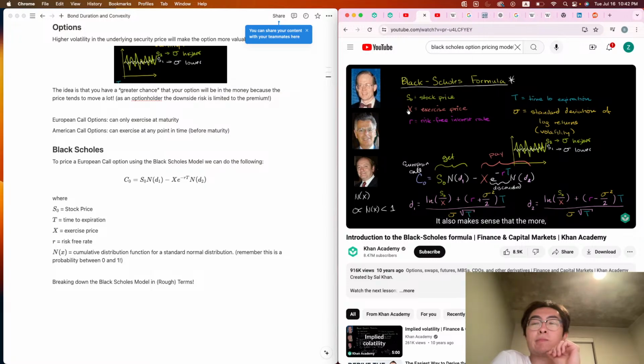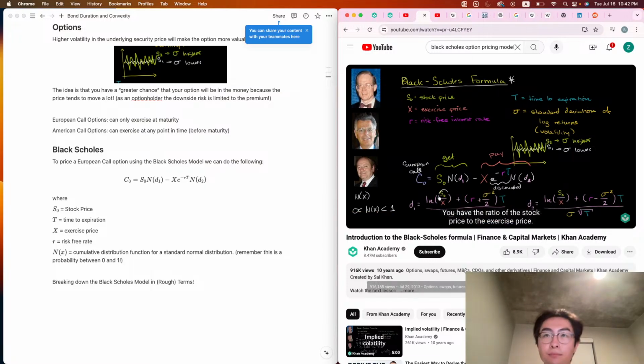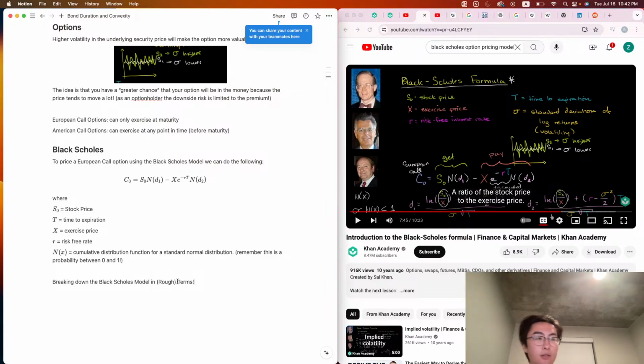It also makes sense that the higher the stock price relative to the exercise price, the more the option would be worth, and the more likely that we will actually exercise the option. You see that in both of these terms, the ratio of the stock price to the exercise price. Okay, very helpful.